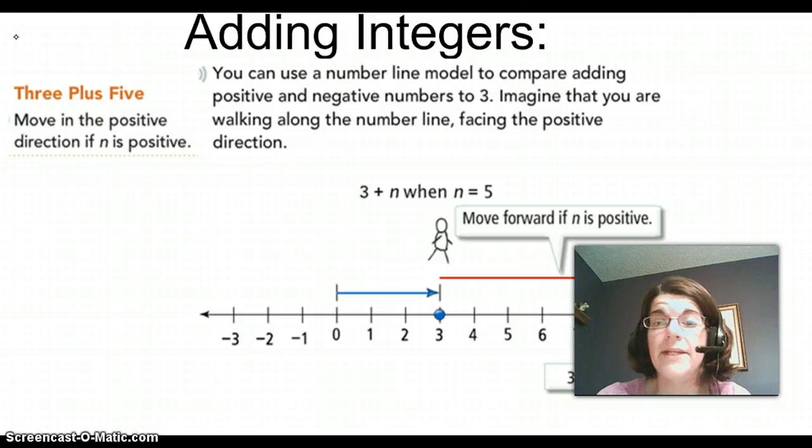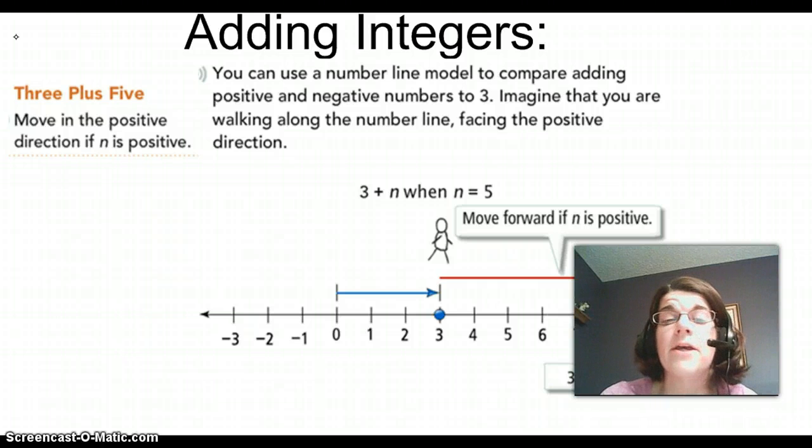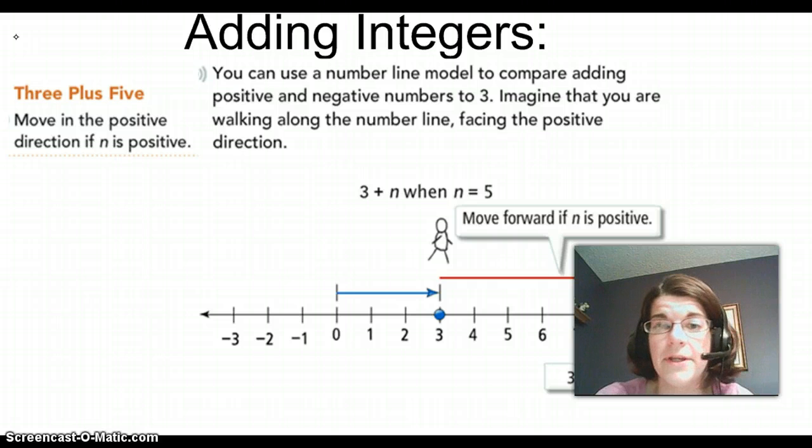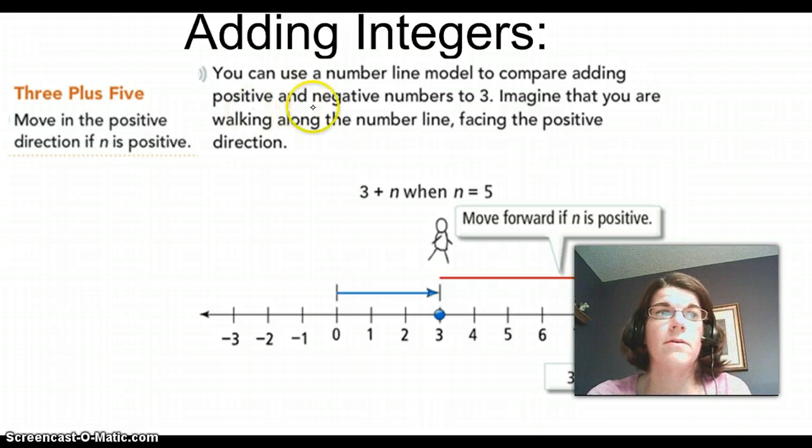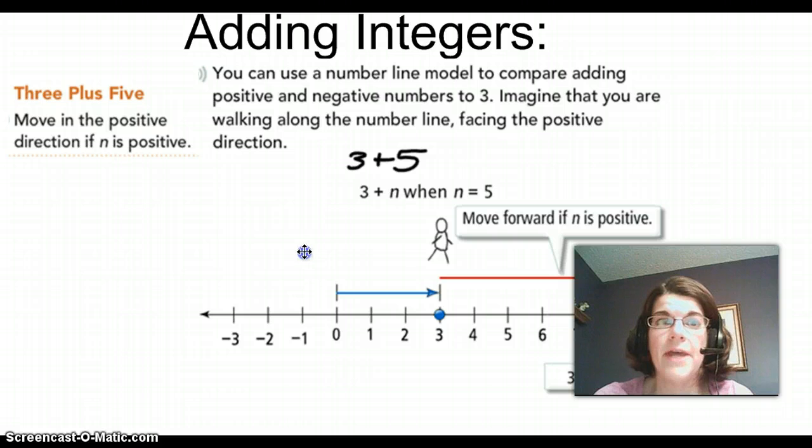All right, so adding integers. If we're using a number line, the first number that they give you is where you start. So in this example here, I have 3 plus n when n equals 5. So what we're doing here is 3 plus 5. And this diagram here is showing you how you would get 8.